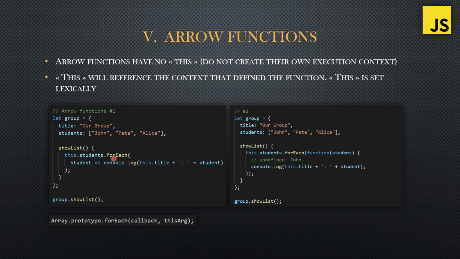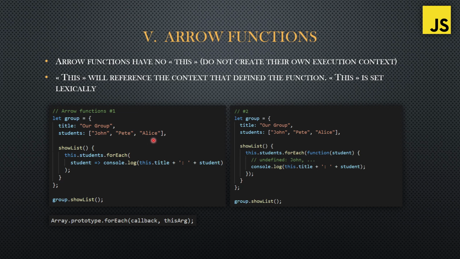But with the arrow function, the context will be set lexically, so the context that defines the function. And the method showList is in the group object. So this will be a reference to the group object. So you will console log group.title with the student. So it will console log our group John, our group Pete, and our group Alice.